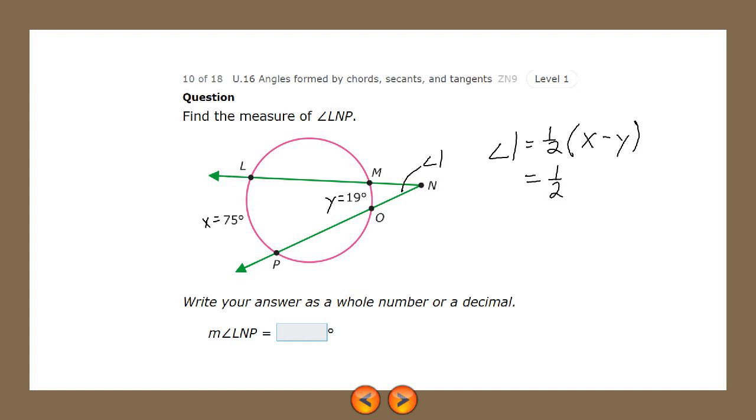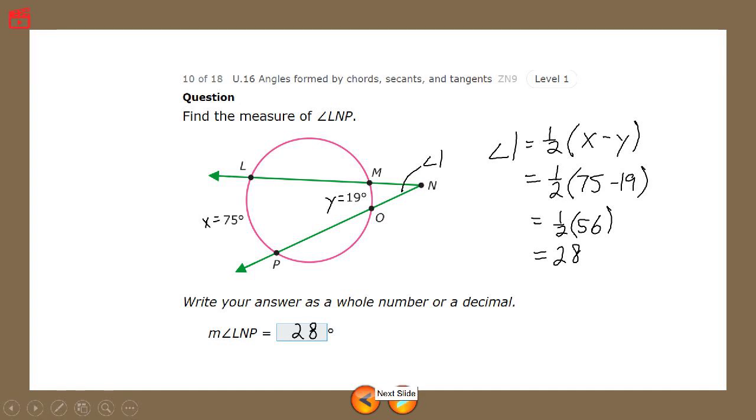Half of 75 minus 19. 75 minus 19 is 56. Half of 56 is 28. So angle 1 right there, which would be M and O, or L and P, is 28 degrees.